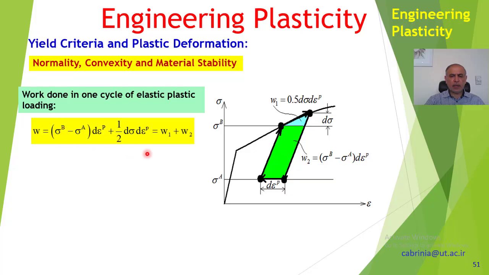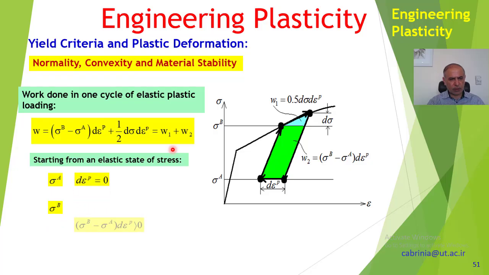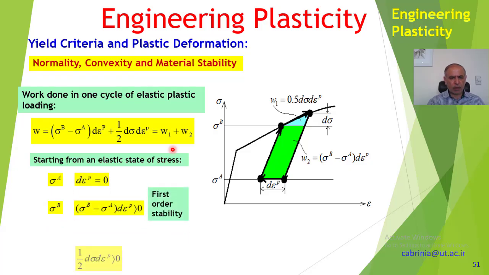And you can see here again the two parts of the stability postulate, the first order and the second order stability postulate, applied to the material. For moving from sigma A to B, we have the first order stability, and the second order stability we have here, where we have moved just d sigma and d epsilon.